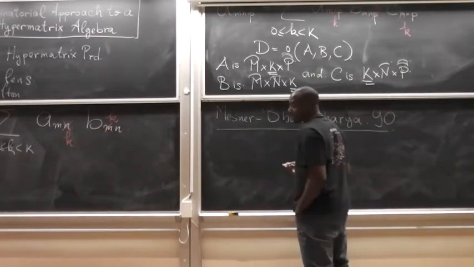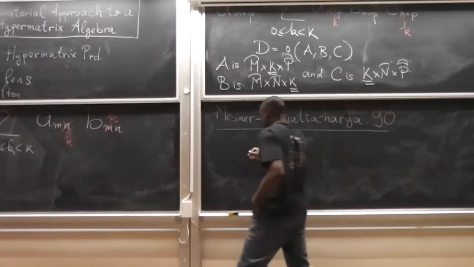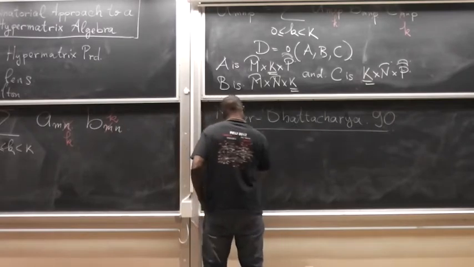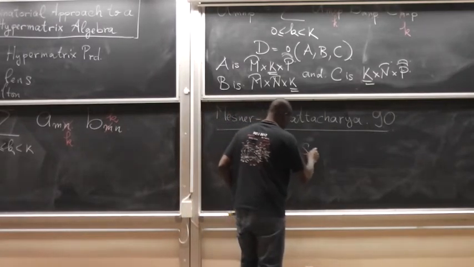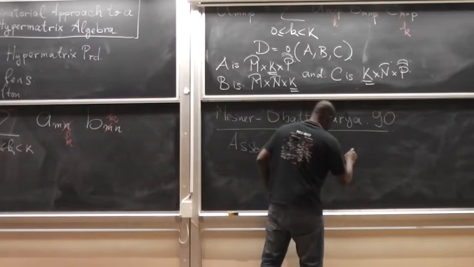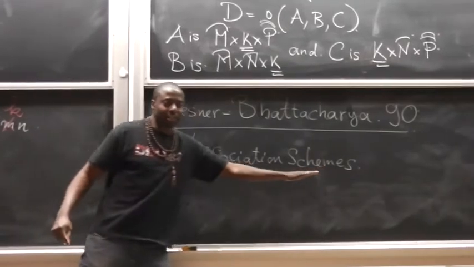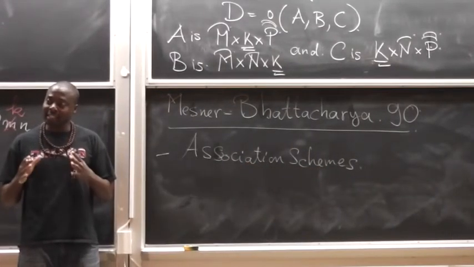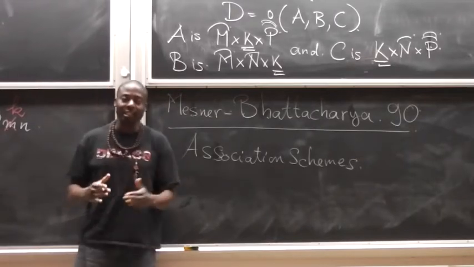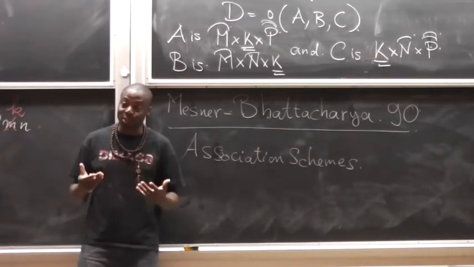And this came out as they were studying what's called in combinatorics association schemes. Association schemes is this field of combinatorics which actually comes from statistics, where you want to design an experiment and partition the samples so as to minimize the bias you introduce.